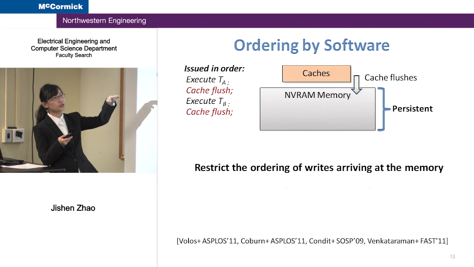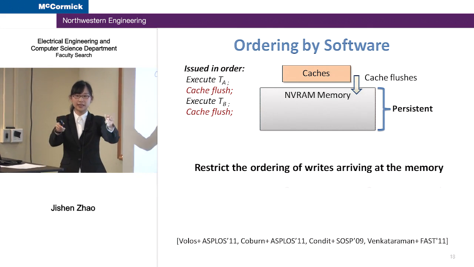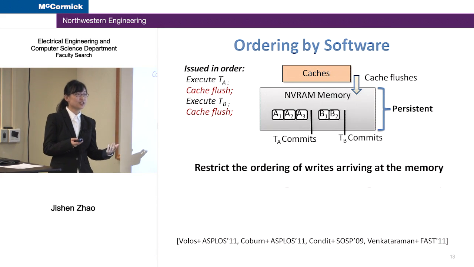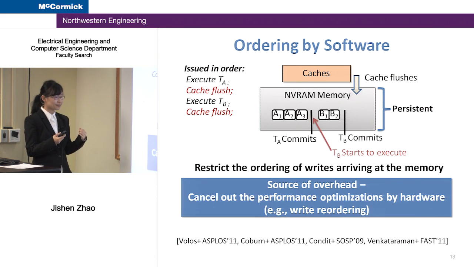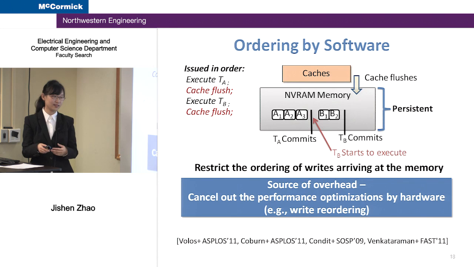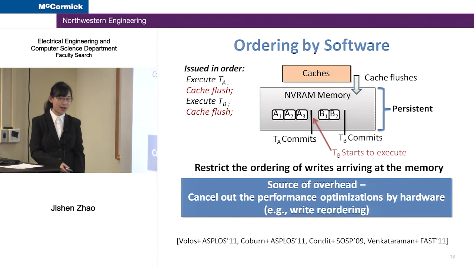So they flush the cache blocks through the cache hierarchy all the way down to the memory. This can ensure ordering control, but it is another source of performance overhead, because all those hardware components' performance improvement optimization is actually canceled out.